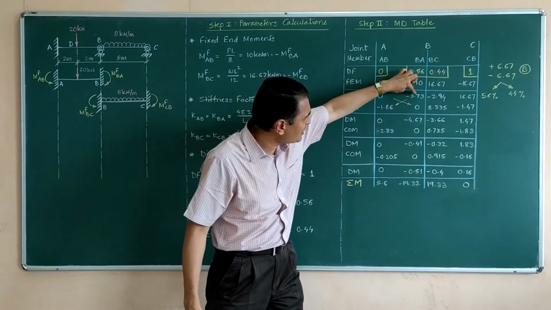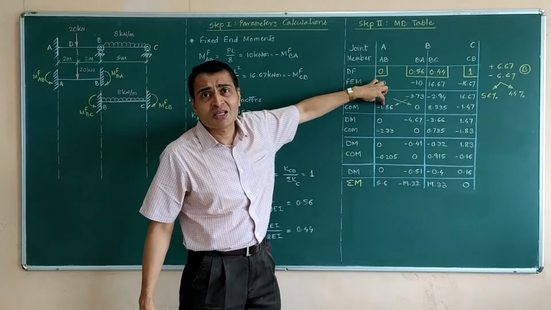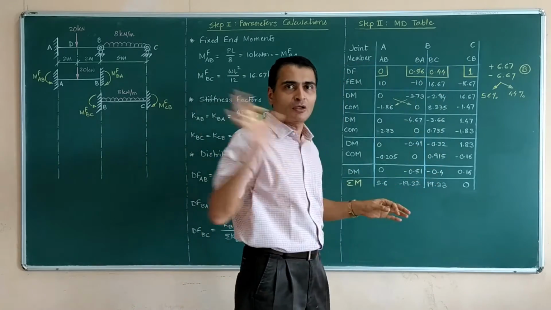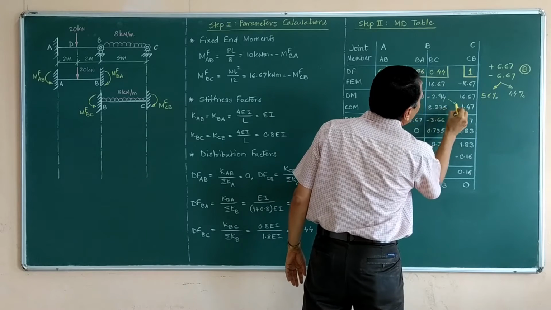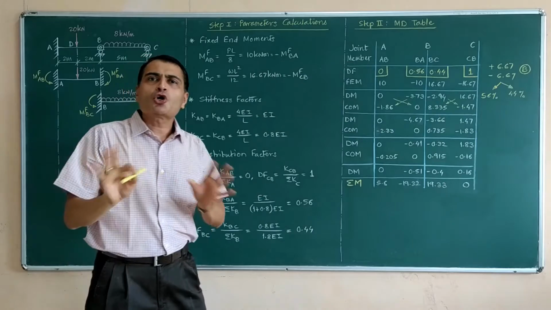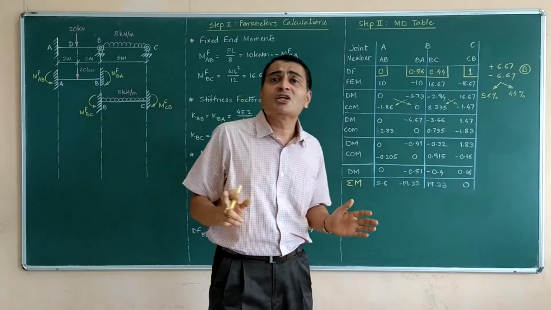So this is minus 3.73, half of that, minus 1.86. Same thing will happen in the other column, column meaning column of the table, not column of the structure. So half of this will go here, half of this will come here. Okay. You need not show these arrows. You may show them, but understanding is very important.